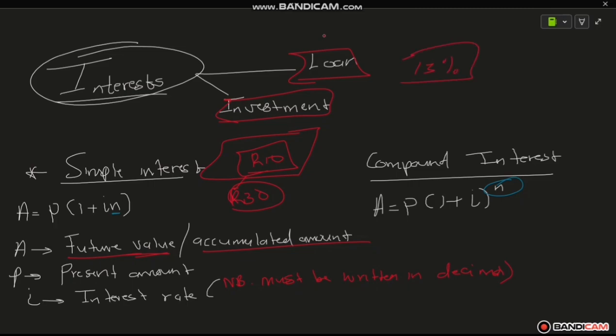For an example, if 13% is given as i, the interest rate, you must divide it by 100 all the time. Then we have the decimal. You take that decimal and substitute it into the formula. You don't take it as it is, but you divide it by 100, then the decimal you substitute into the formula. I hope that makes sense.